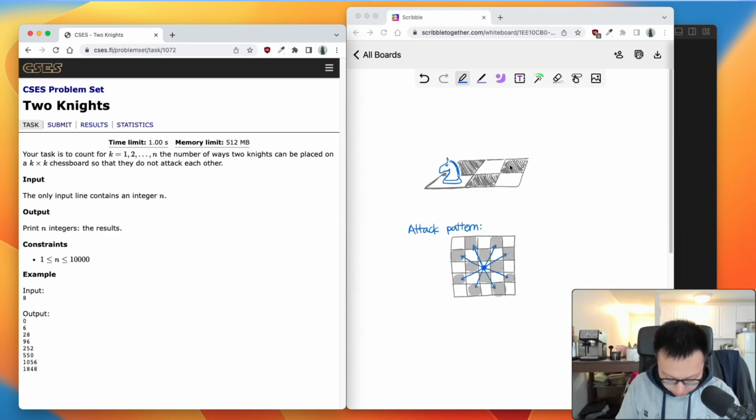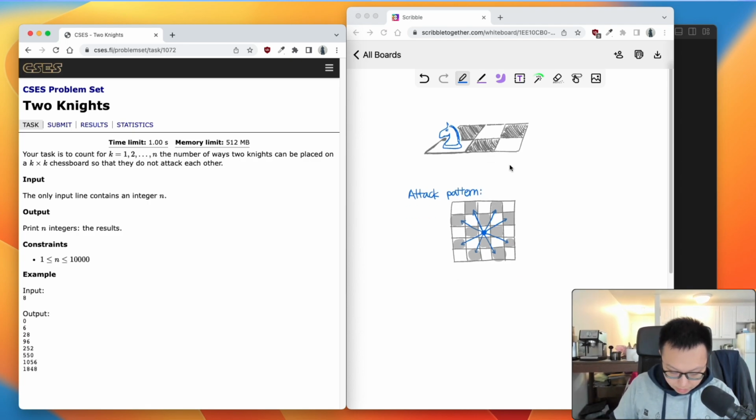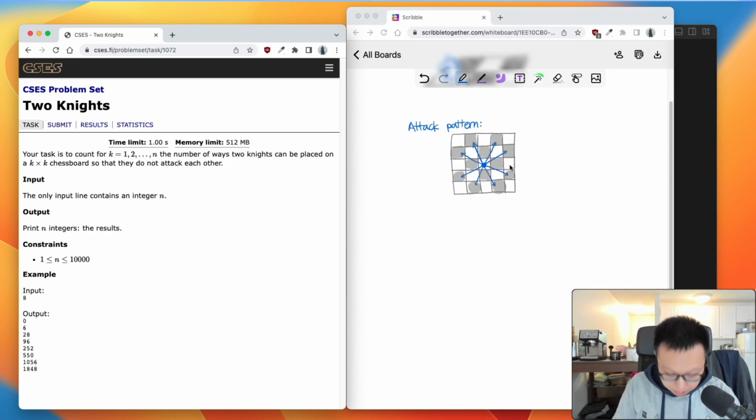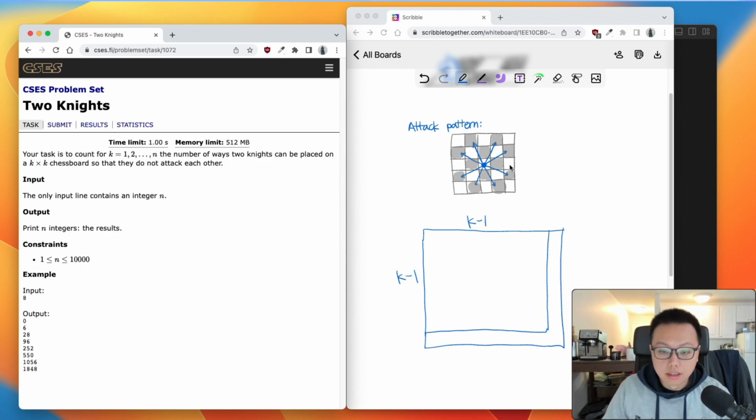So all we need is to count the number of ways where two knights can be placed on the chessboard so that they attack each other. Suppose we are already given the answer for a k minus 1 by k minus 1 chessboard, so we have already considered all possible ways to put knights in the upper left corner, the first k minus 1 rows and k minus 1 columns.